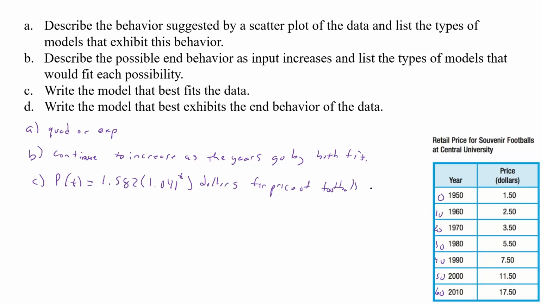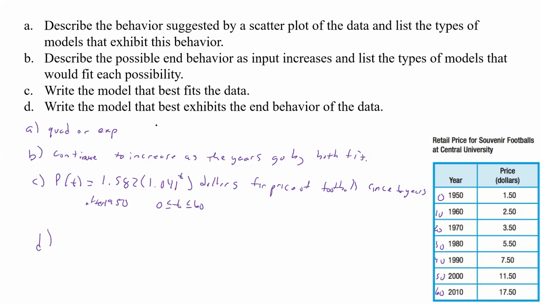And that's going to be since 1950, since t years after 1950. And so t was going to be less than or equal to 60, but greater than or equal to 0.